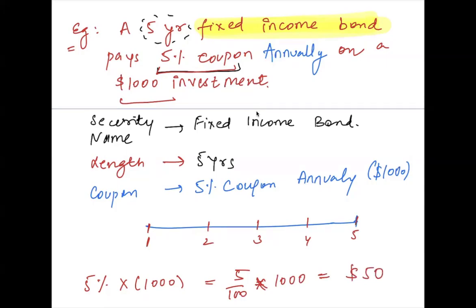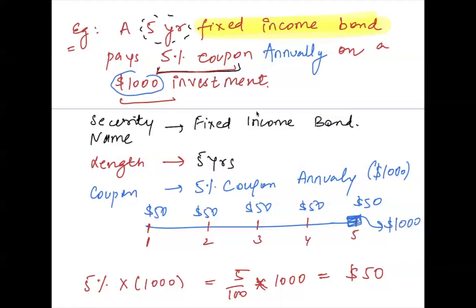So you will get $50 every year. And at the end of the maturity, you'll also get your payment back, which is $1,000.